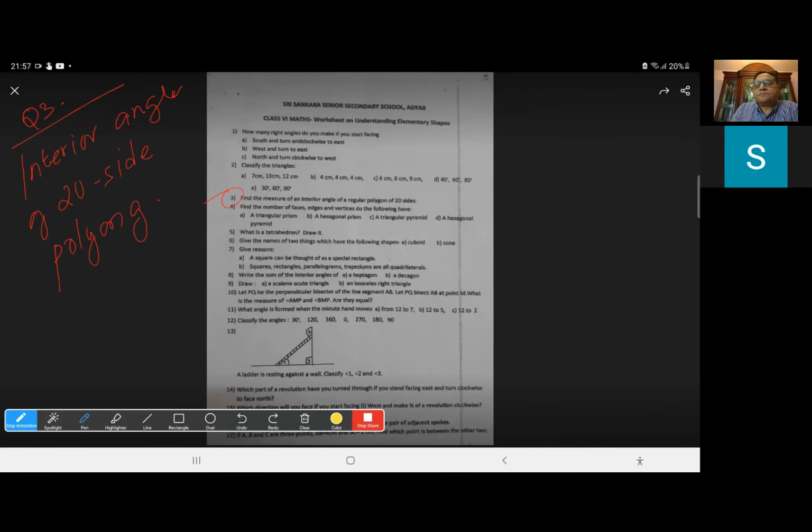I can't calculate the interior angle directly, so you will find the exterior angle; the sum of exterior angles is 360. That is the formula. Good job. So we'll find the exterior angle. You just taught me this a few days ago. The sum is 360, so we'll divide by 20, which gives us how much? 18 degrees, correct?